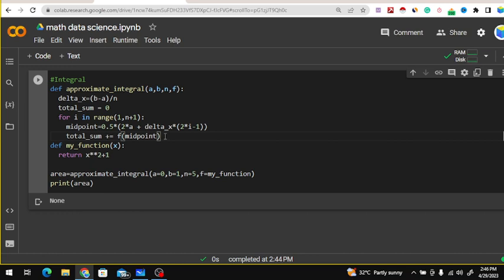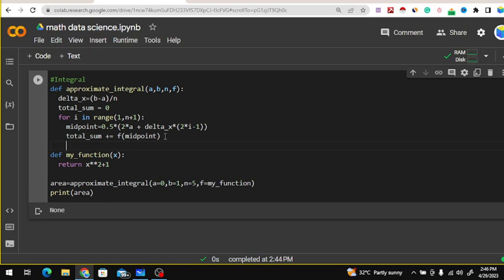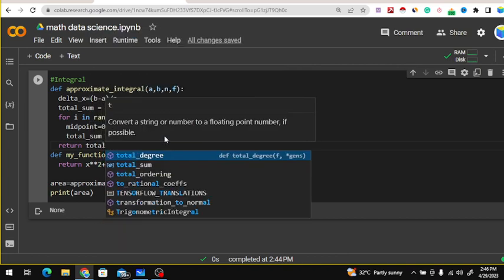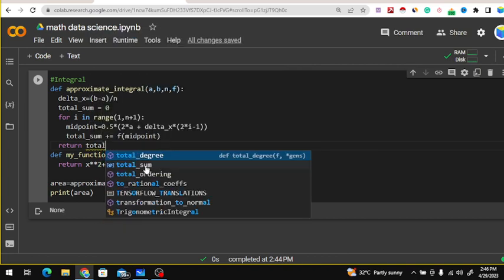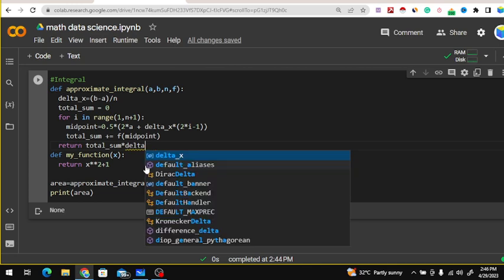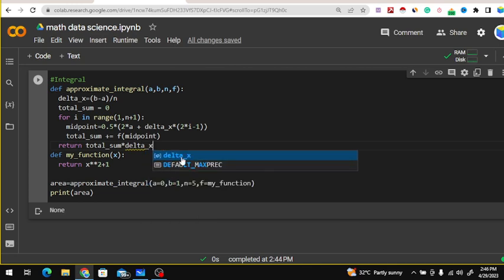Let's see here. Return should be total_sum times delta_x. So delta_x, and let's see here.